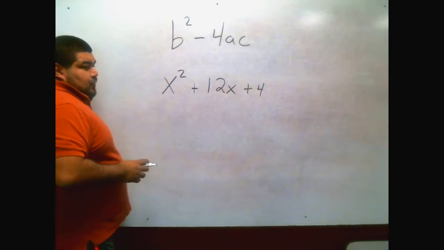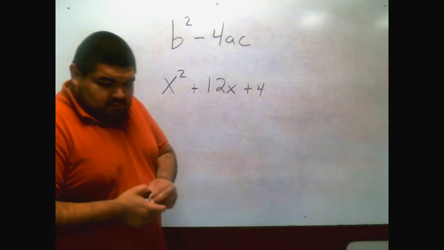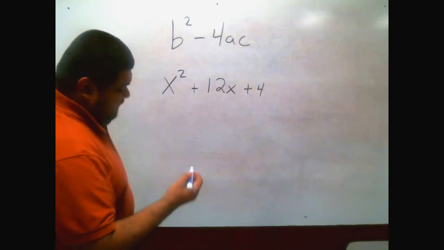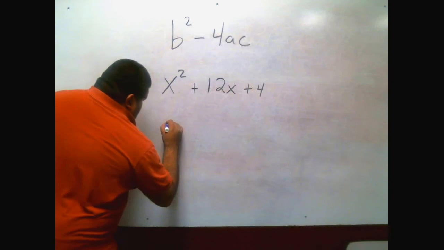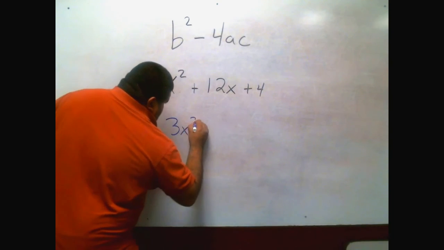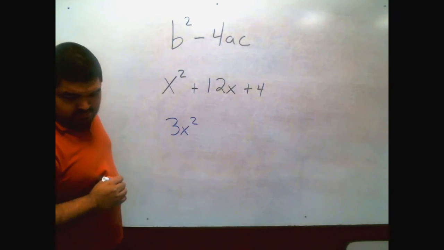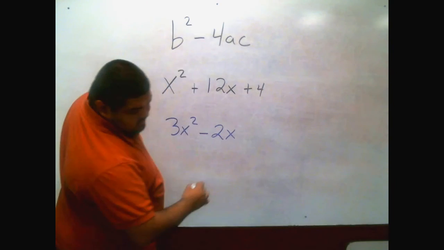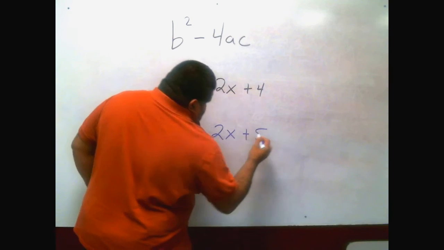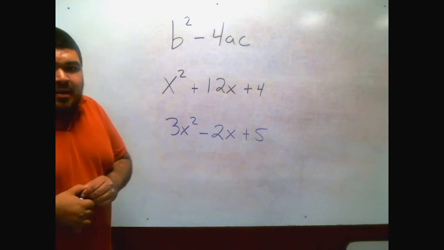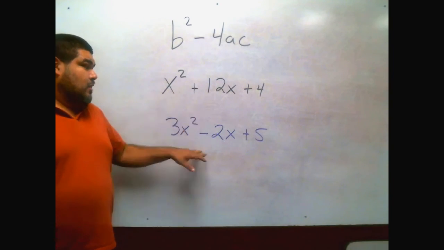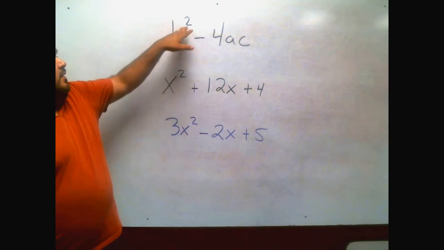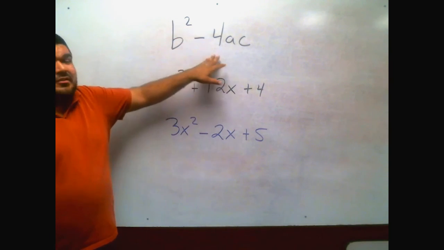Okay, that's the first one. The second one is 3x squared minus 2x plus 5. So remember, you're finding the discriminant on both of these problems. You're only using b squared minus 4ac.